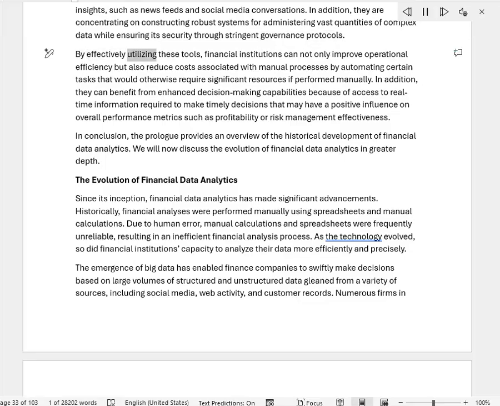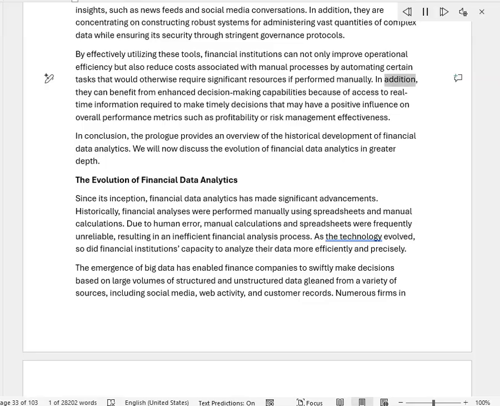By effectively utilizing these tools, financial institutions can not only improve operational efficiency but also reduce costs associated with manual processes by automating certain tasks that would otherwise require significant resources if performed manually.